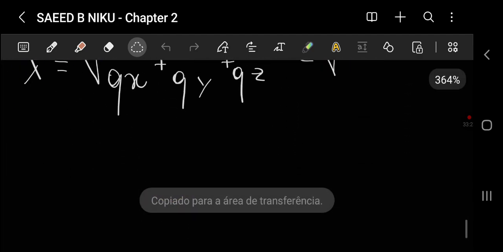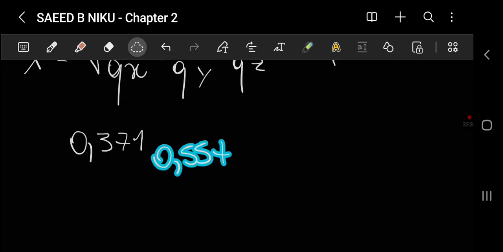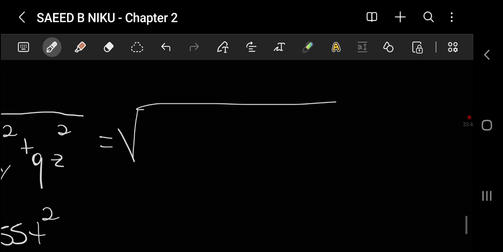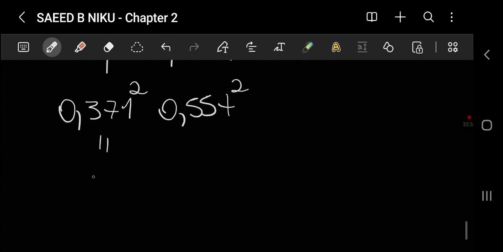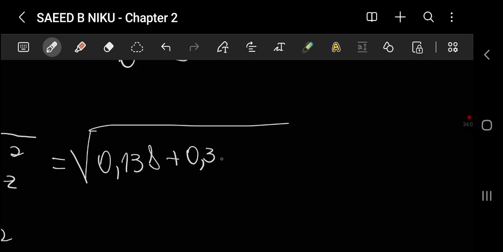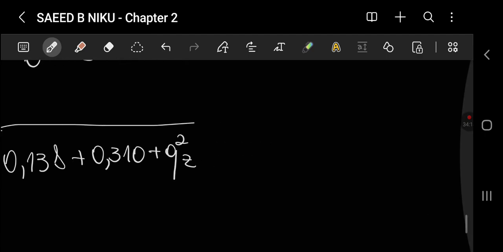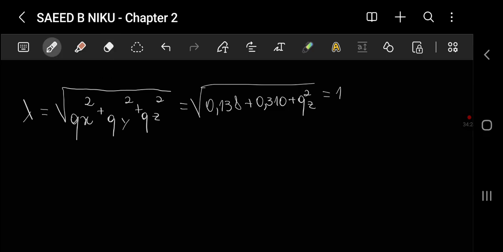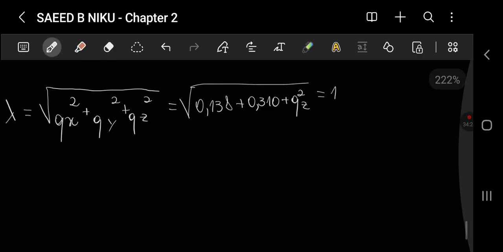So if we take these components and apply them in this formula to normalize the vector, if we do this square and this square, we are going to obtain the following values. So this way we can find Qz squared.